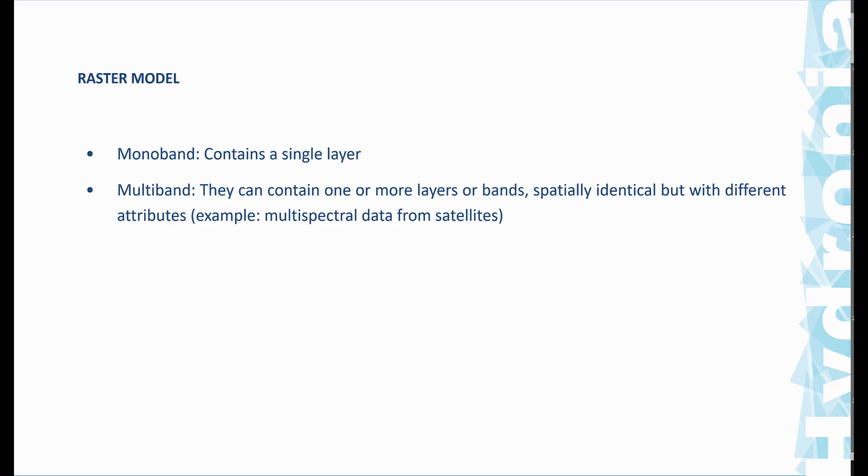The typical example is multispectral images or satellite images, where each layer can represent a range of the spectrum of light, so that we will have a layer or band for the red color, another for the green color, and another for the blue. Combining this information can depict a true color image. That also applies to color image files such as photographs. So these are typically multispectral, multiband layers.